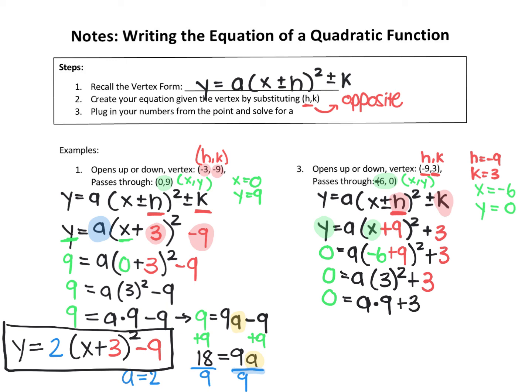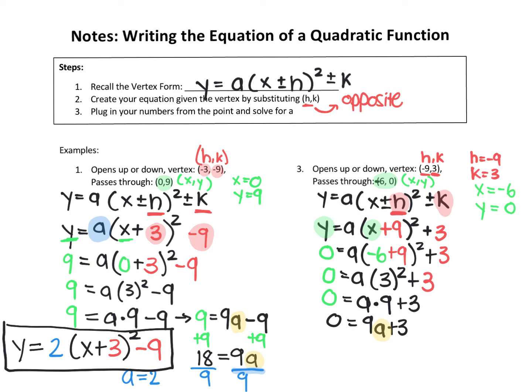But I don't want that 9 to be behind the a, so I'm just going to rewrite it. I'm going to put that 9 in front of the a. So I get 0 equals 9a plus 3. Remember, I want to solve for this a right here.